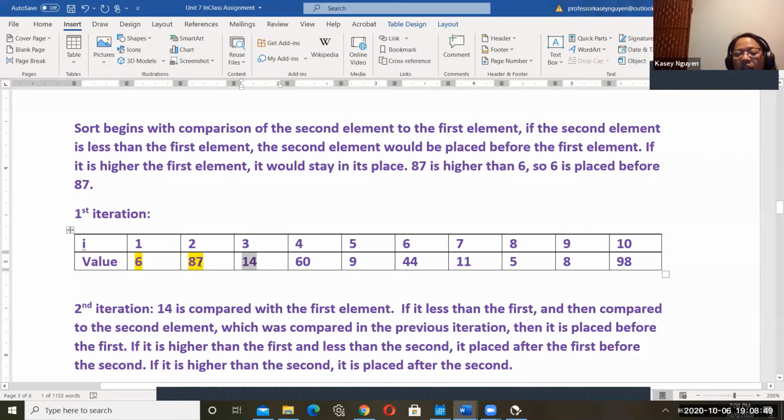We're going to take 87, move it out to temp, take 14, put it into 87's place, take 87, and put it back into 14's place. Okay.